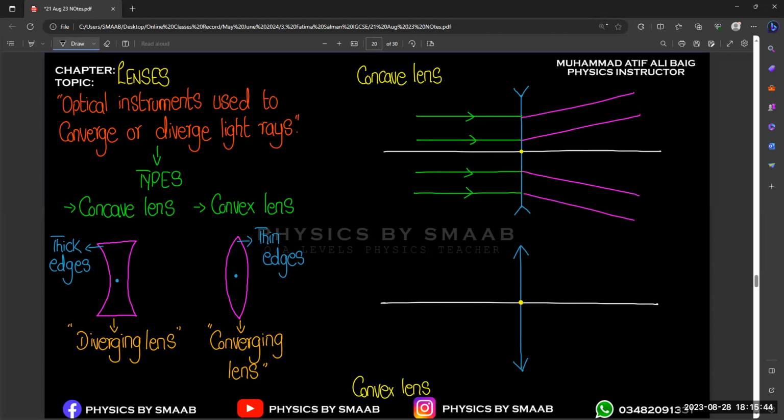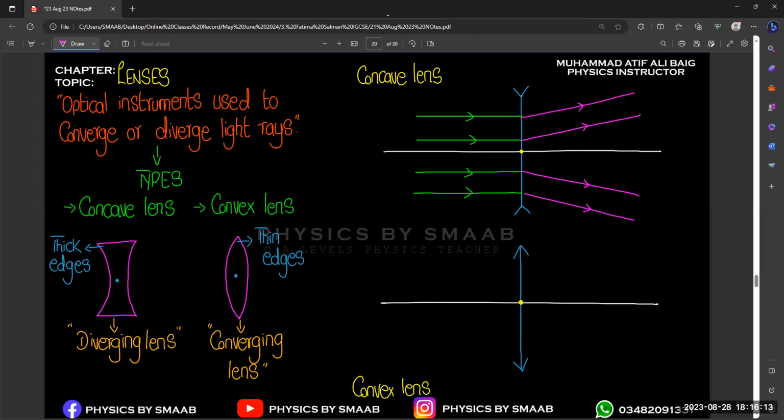Clear? So this is the concept of diverging, because diverging means to move away from each other. So in the first diagram, in the concave lens, light rays are clearly moving away from each other, giving you the concept of divergence, right? That's why a concave lens is known as a diverging lens.